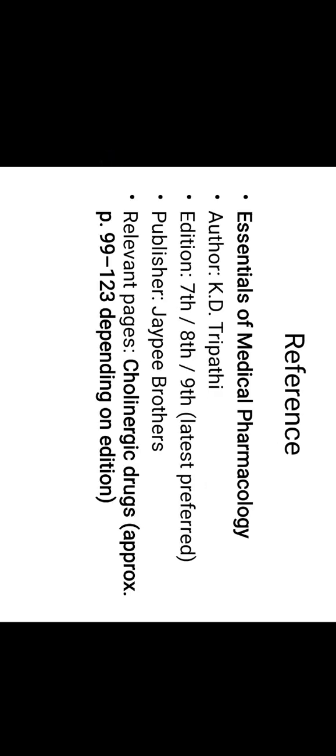Hope you all understand the basic concept of cholinergic drugs. We have seen cholinergic alkaloids, acetylcholinesterase inhibitors and their poisoning, and we have seen the case study. This will help you understand the basic concept of cholinergic drugs.